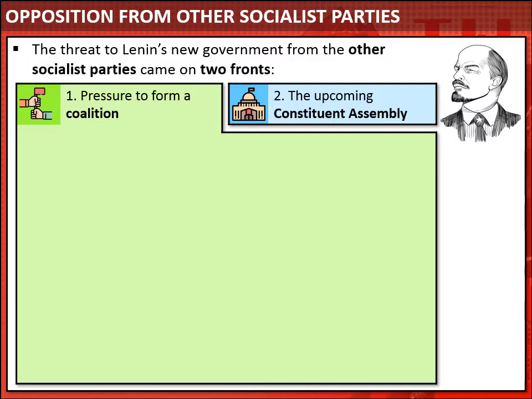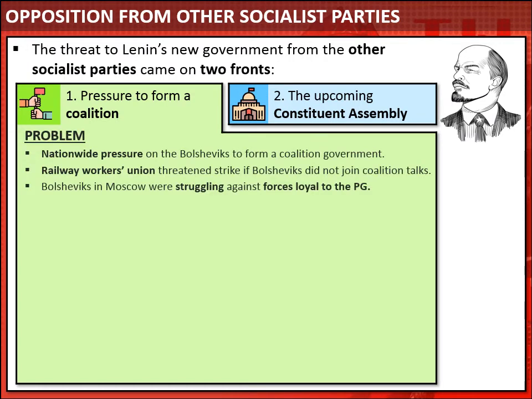Firstly, pressure to form a coalition. When the Bolsheviks first seized power, they came under sustained pressure to form a coalition government. Resolutions and petitions came flooding into Petrograd from factory committees, from soldiers' committees, and from towns, demanding that the socialist parties put aside their differences and work together.